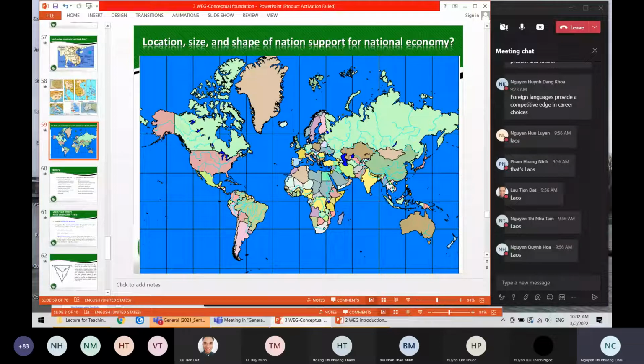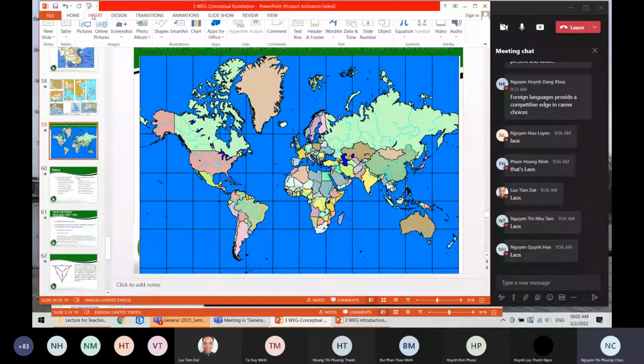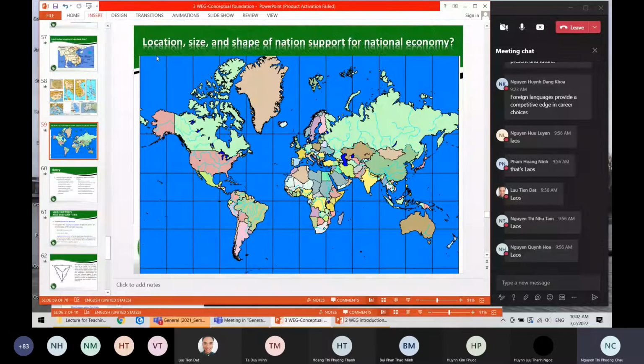We can see why some nations can be very strong economies in the world. Like, you know, the world has the G7. So what is the G7? G7.